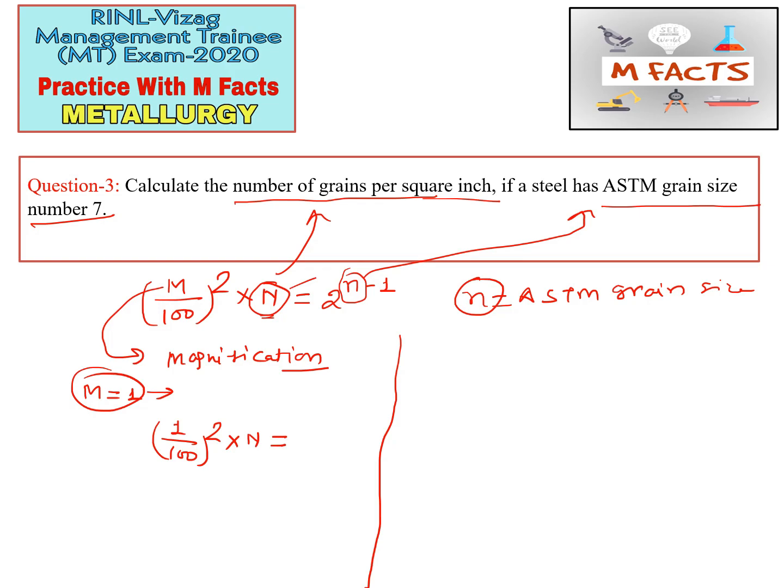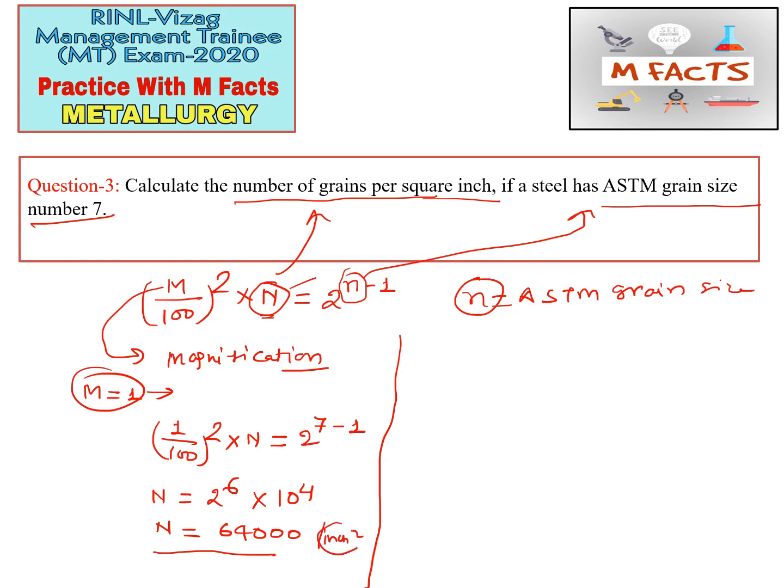N equals 2 to the power 7 minus 1, which is 2 to the power 6 multiplied by 10 to the power 4. We will get 64, so this value will come to 64,000 per square inch.